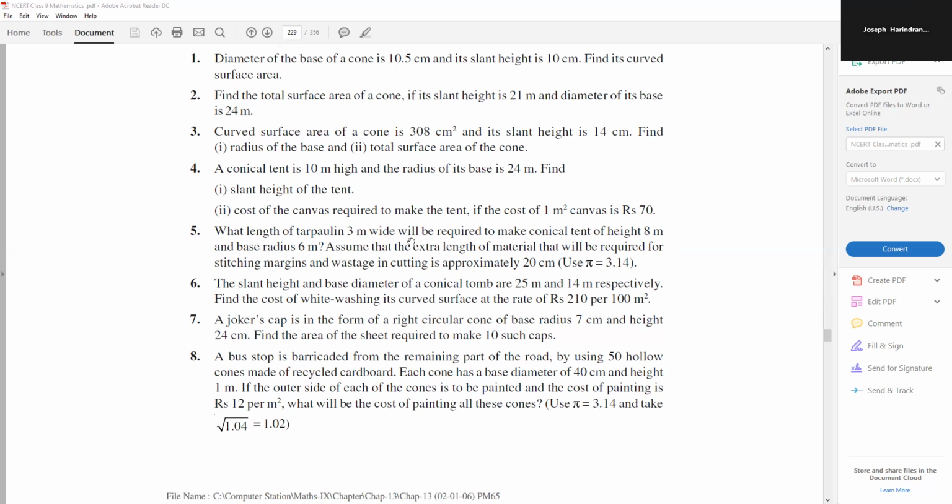Let us now go to the working of this. See, the length of the tarpaulin is what they ask. It has a uniform width of 3 meters. So let's go on to the solution.